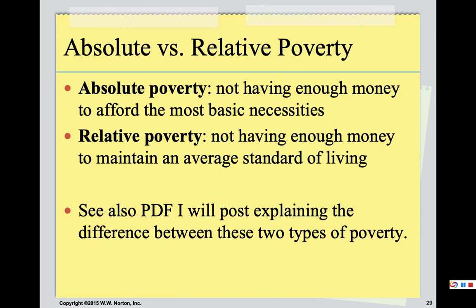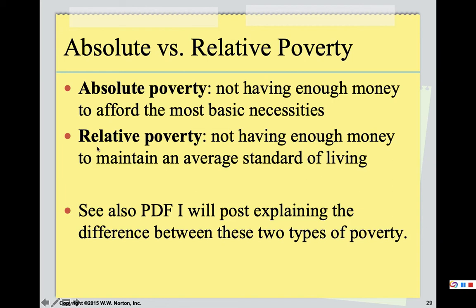What I want you to remember: the United States uses an absolute measure of poverty. The poverty line that we calculate annually changes because the price of things changes, but it is intended to measure what you need to exist and support yourself for those basic needs. Relative poverty is a comparison of where you are with the average standard of living.